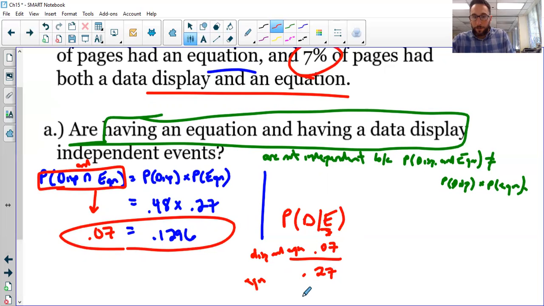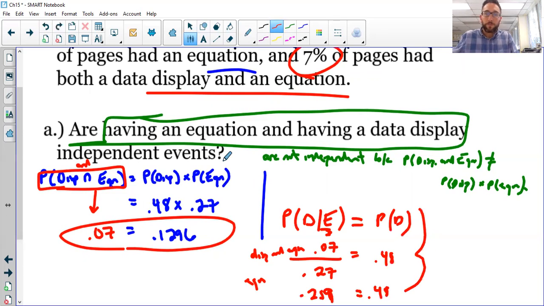So that gives us 0.259 on the left, but if these events are independent, that should equal the probability that a page just has a display, right? The given equation shouldn't affect anything if these are independent. However, the probability that a page has a data display is 0.48. And of course, 0.259 does not equal 0.48.